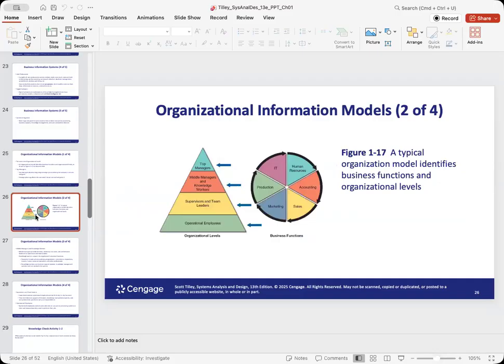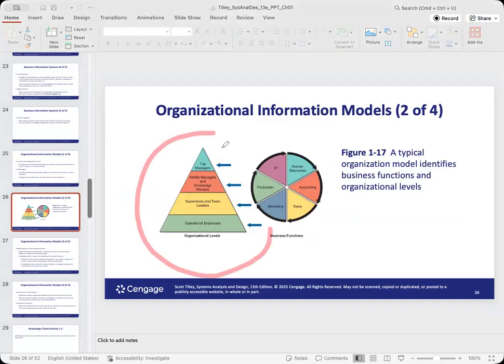I believe we've seen this kind of typical organizational model before, where it demonstrates the top managers, middle managers, supervisors, and team leads and all. Okay, this is what I'm talking about. We have top managers, middle managers, supervisors and team leads, and then operational employees.